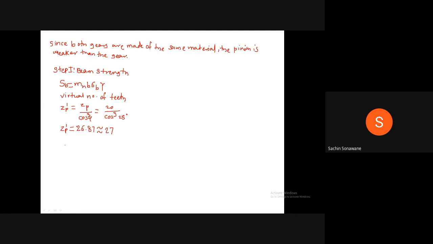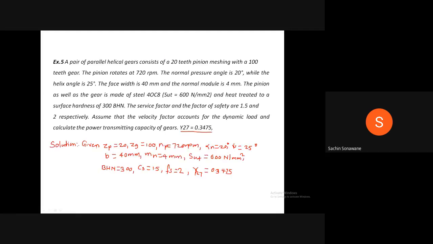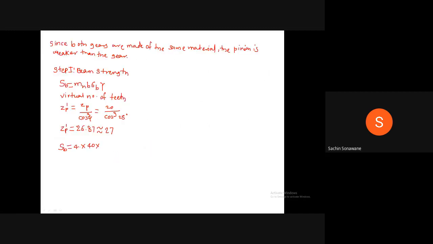Therefore, we will calculate beam strength SB. Beam strength SB is equal to, substitute the values. Mn means 4, into face width they are given 40 mm, into sigma B. What is sigma B? SUT divided by 3.